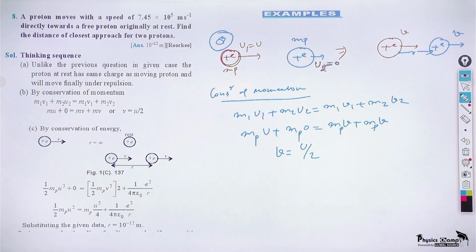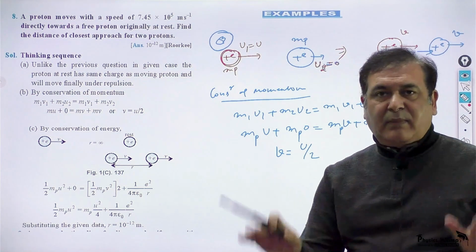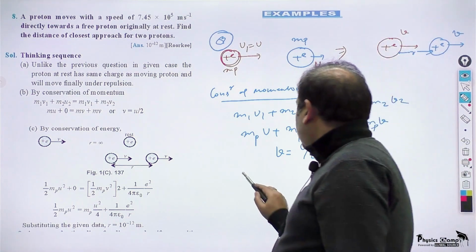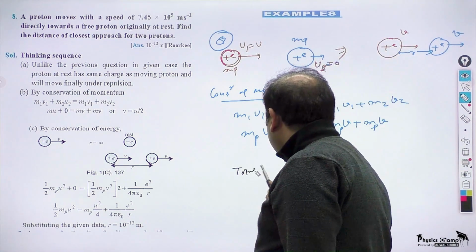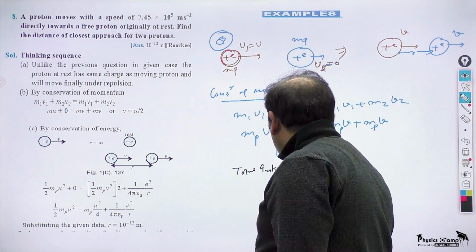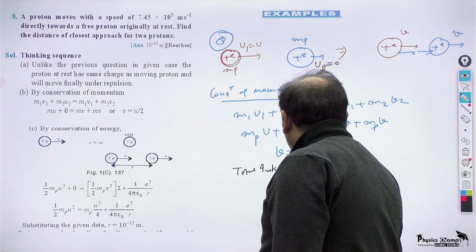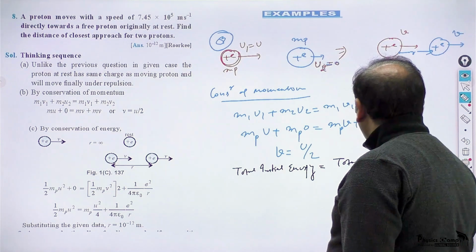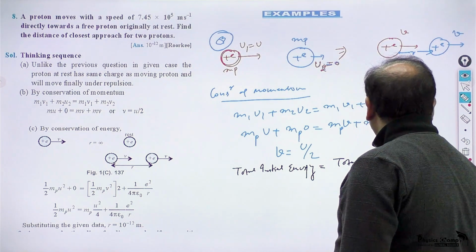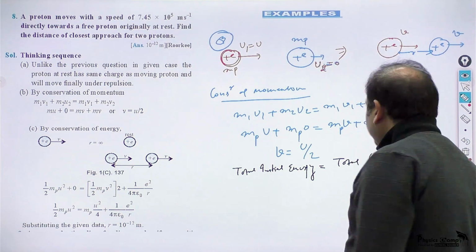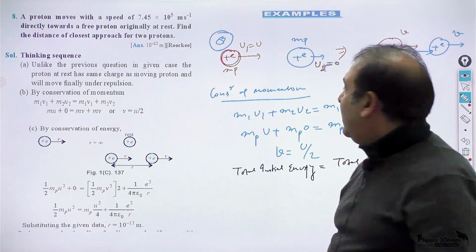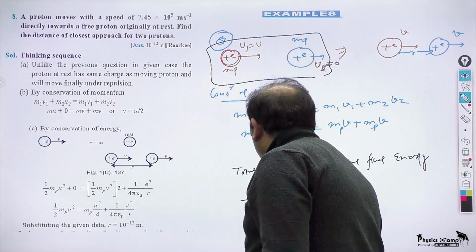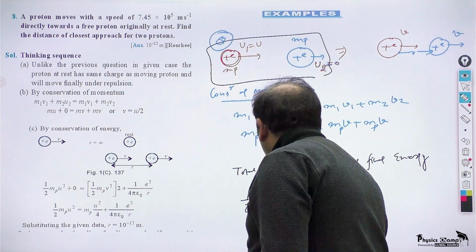And now if I am writing the equation of energy, can I say total initial energy, it is always conservation of energy, is equal to total final energy of the system. Total initial energy of the system was only kinetic energy, half mp into u square.